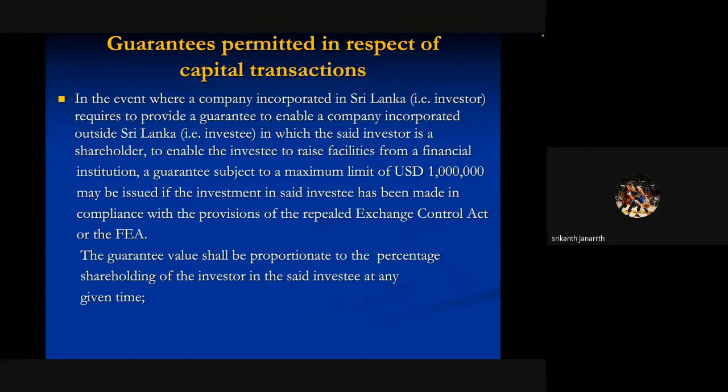So you got the case clear? Right. Now, in cases like that, the guarantee can be issued. So that is the number one here. In the event where a company incorporated in Sri Lanka, that is Haley's, the investor, is required to provide a guarantee to enable the company incorporated outside Sri Lanka, which is the Bangladesh garment factory, the investee, in which the said investor is a shareholder, to raise facilities from a financial institution, a guarantee subject to a maximum of 1 million may be issued if the investment in the said investee has been made in compliance.